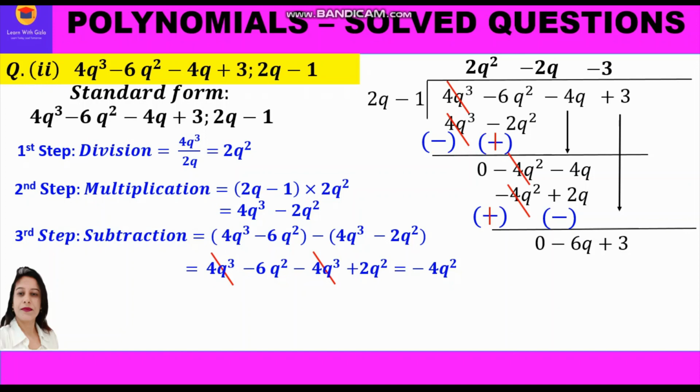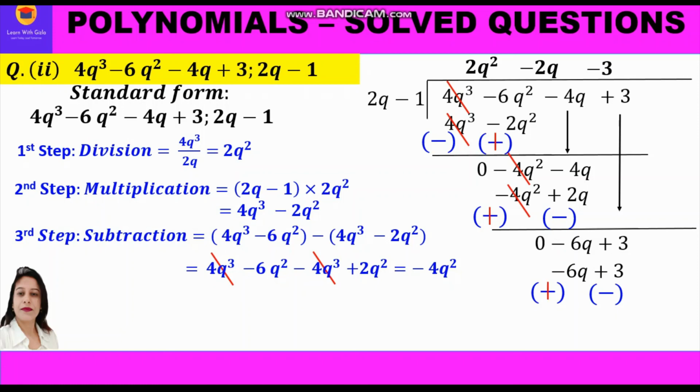Now we shall move to the second step, that is multiplication. We shall multiply minus 3 with 2q minus 1 and we shall get the product minus 6q plus 3, and further we shall move to subtraction. For that we shall put a minus sign just below the product and change the signs. Minus 6q will become plus 6q and plus 3 will become minus 3.